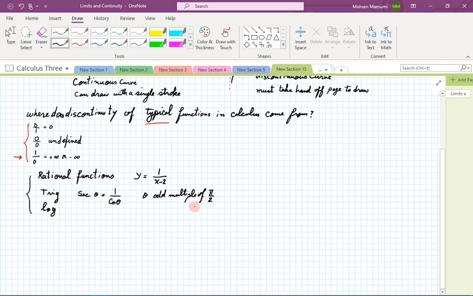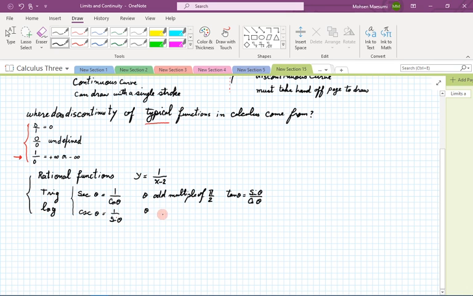Same issue arises if you have tangent of theta, which is sine of theta over cosine of theta. Same denominator, same issue shows up. Then cosecant is based on sine, so 1 over sine of theta.